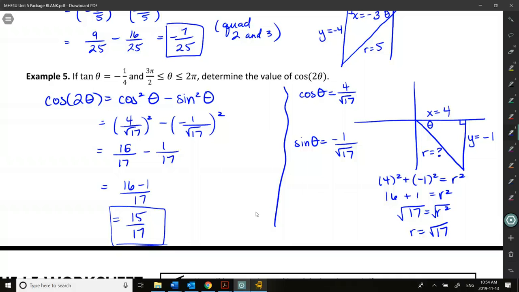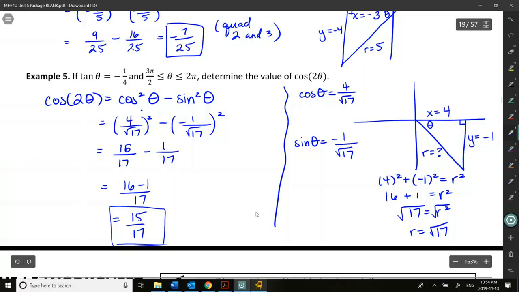How can I check my answer? What did we just solve for? We solved for cos of 2 theta. Actually, I don't think we can check that way.